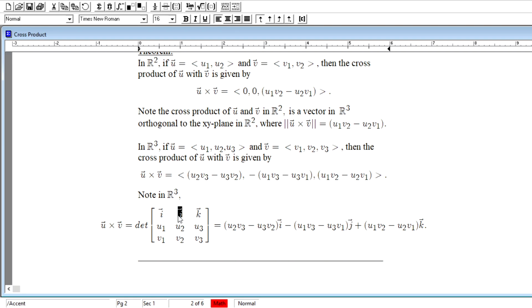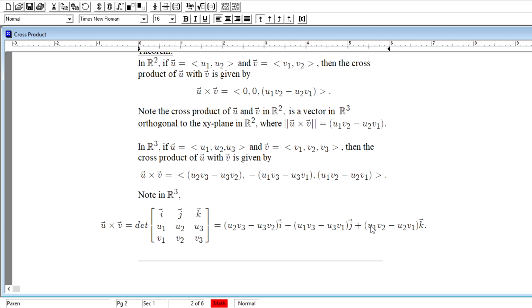So if j is where we're considering calculating the cross product, this component involves the values u1, v3, u3, and v1. You take u1 times v3 minus u3 times v1, and you take the opposite of that quantity and make that your jth component.